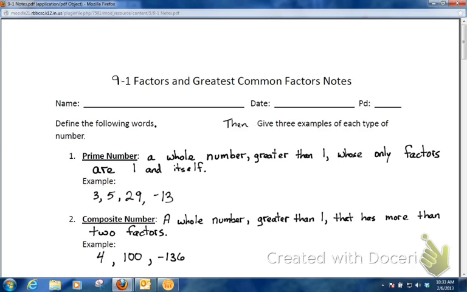Again, 4, besides 1 times 4, you could have 2 times 2. The number 100, obviously 1 times 100, 2 times 50, 5 times 20, lots of different things multiply to make 100. And same thing with negatives, negative 136. Lots of different things can multiply to make negative 136. So those are examples of composite numbers.